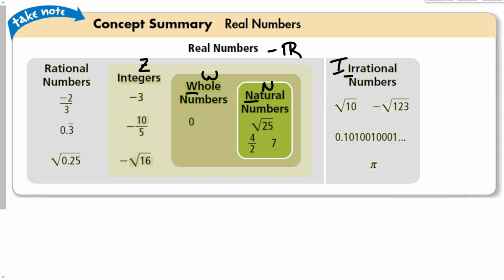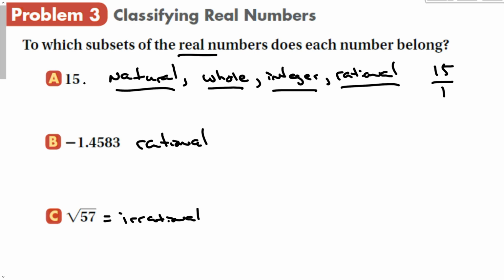Because I was taken. And the same thing with rational. We don't want to confuse rational and real, so we have to use a different letter for rational, and the letter that we use is Q. Okay. So these capital letters can represent the sets if you want to not have to write out the whole word. So we could put N, W, Z, and Q for all of these sets.